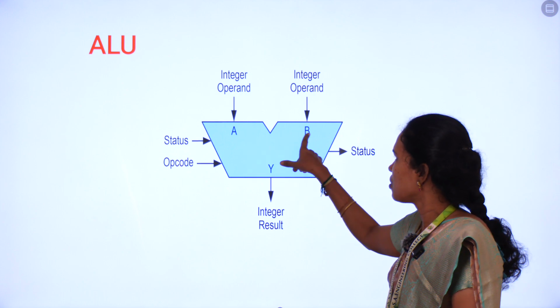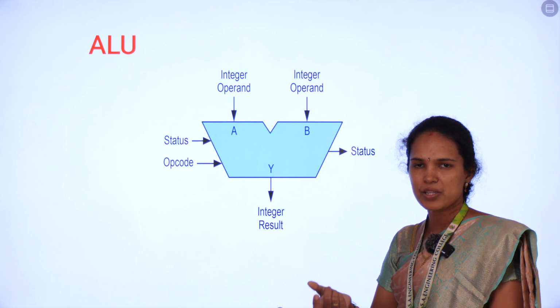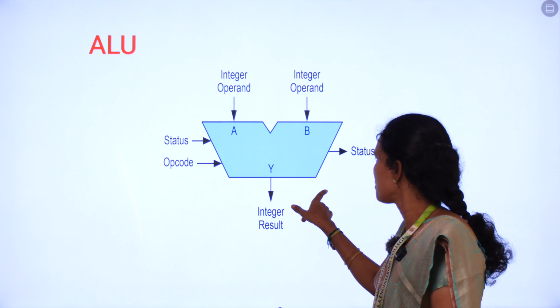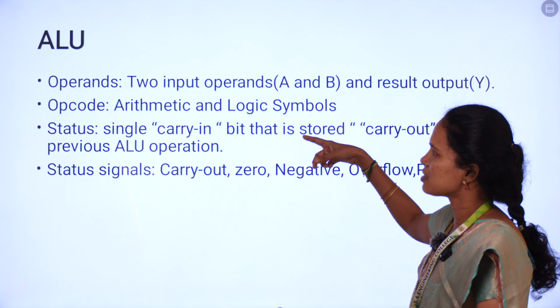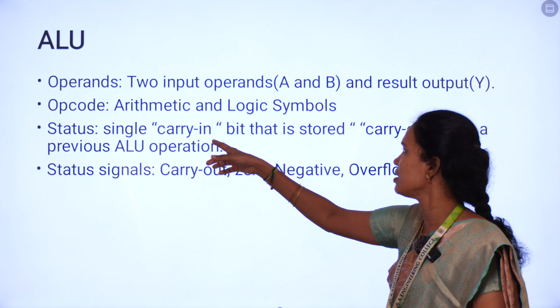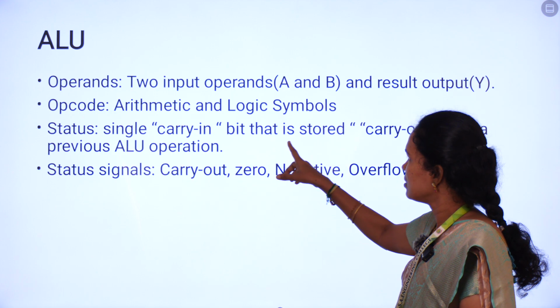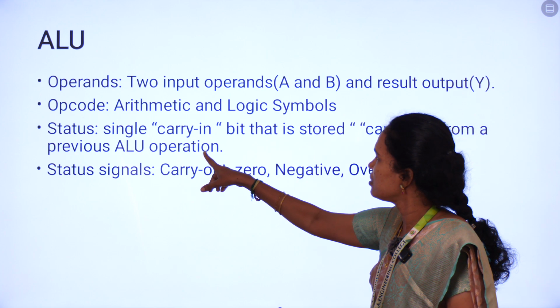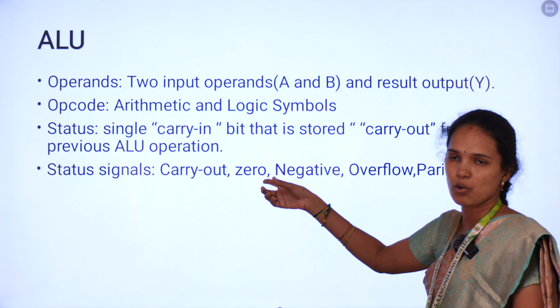Those numbers we will call an operand, and what operation you are doing inside, we will call an opcode. So that is what is given here. Arithmetic and logical symbols, either addition or subtraction or multiplication, whatever symbols you are giving, are known as an opcode. And status is carry in and carry out. That is the carry in bit stored from a previous ALU operation.